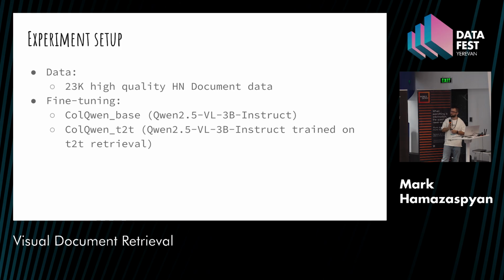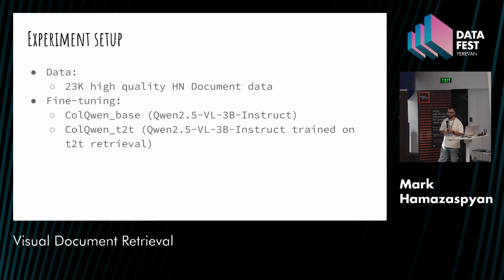Sorry, is ColQwen base some sort of already tuned, LoRA tuned on top of Qwen, right? ColQwen is actually, yeah, it's a misunderstanding. No, ColQwen is just the base model with the base weights of the Qwen VLM. It is exactly the same, no changes. I see.